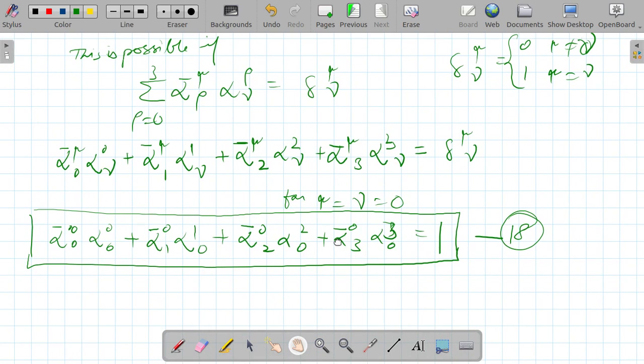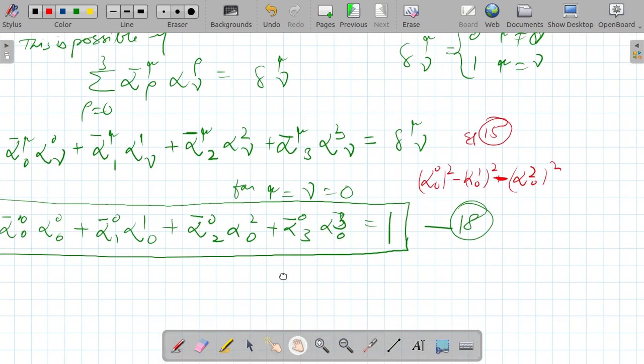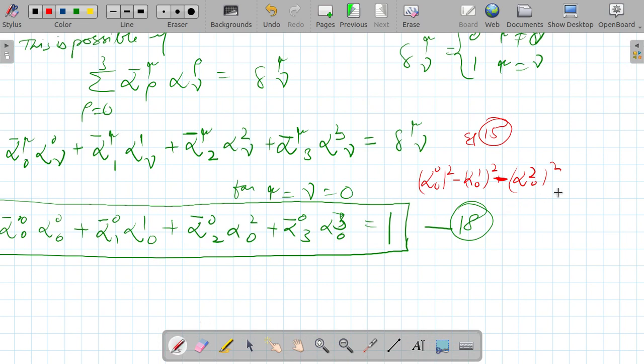Now if I compare equation number 15, and what is equation number 15? Let me recall it. Equation number 15 is alpha 00 whole square minus alpha 10 whole square minus alpha 20 whole square and minus alpha 30 whole square.